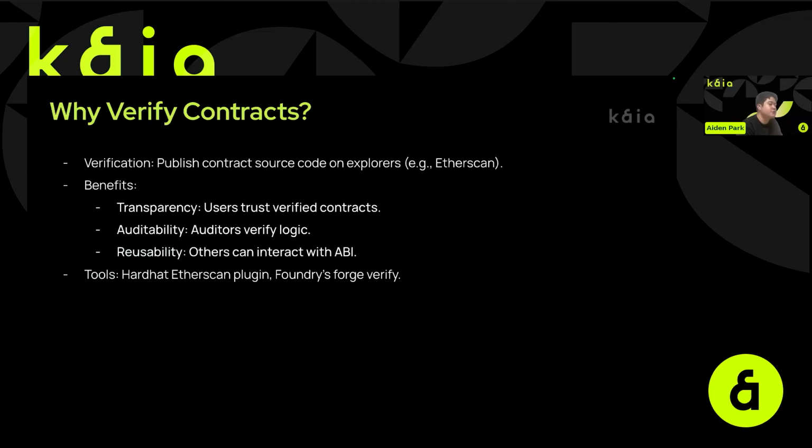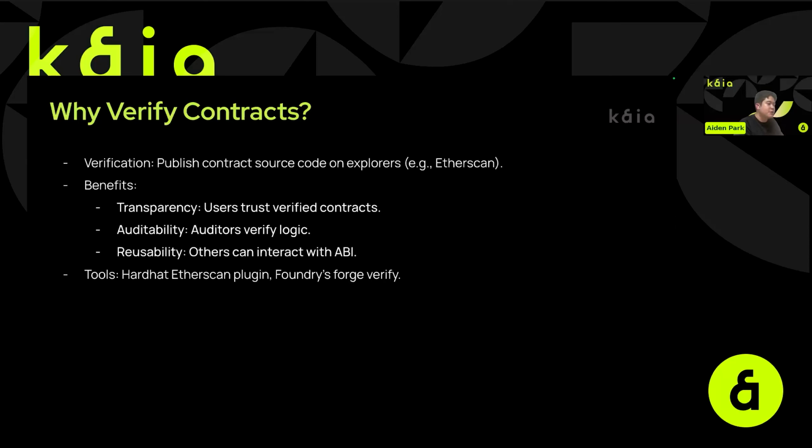It's basically the same thing. Anyway, why do we publish contract source code on an explorer? Because there are some benefits. First, transparency. Users can trust verified contracts because the contract source code is available.